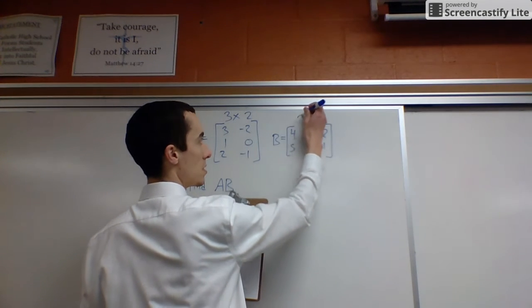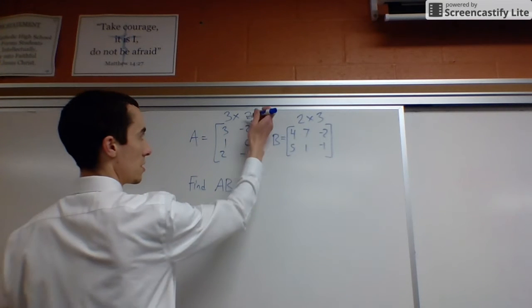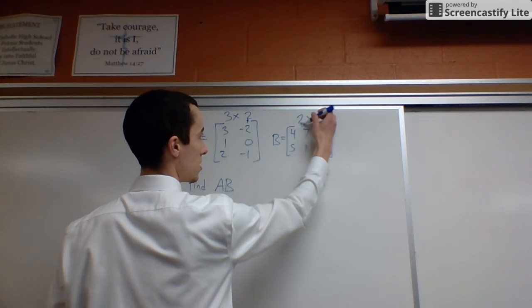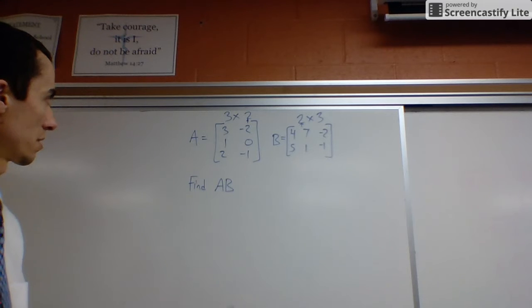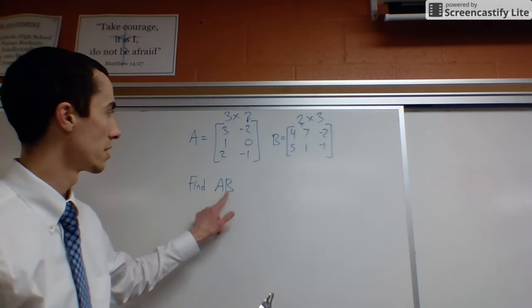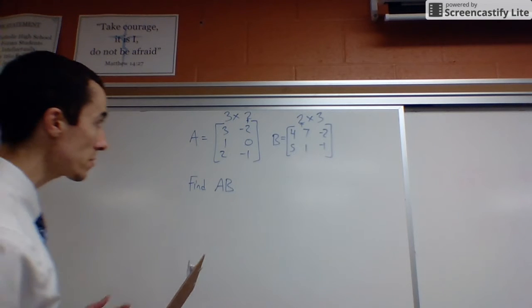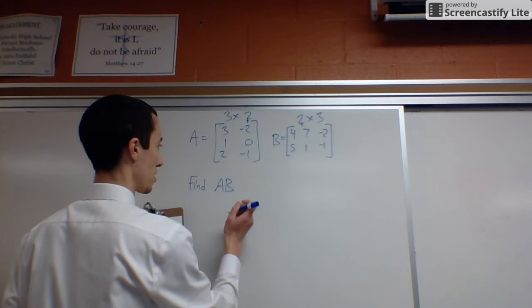Next, I'd like to show the order of each of these matrices. Essentially, the number of columns, that second number here, needs to match the first number, the number of rows in our second matrix if we're trying to multiply A times B, which is what we're trying to do here. So our method goes something like this.